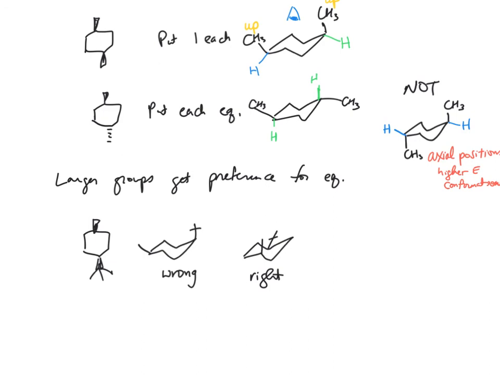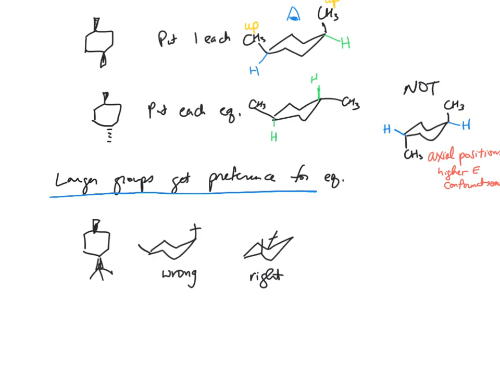Keep in mind that larger groups have preference for equatorial positions. So when you're looking at a molecule like this one, where you know that one of them must be equatorial and one of them must be axial, you have to pick which one is going into the axial and which one's going to the equatorial position.